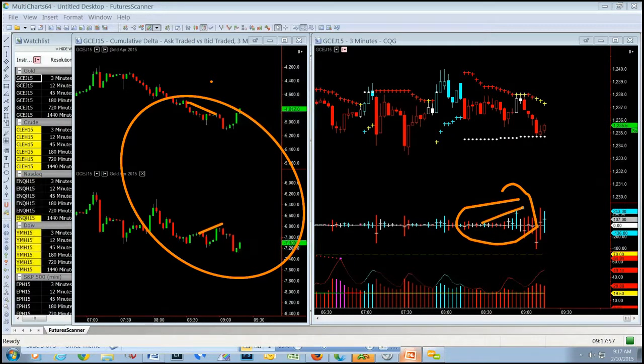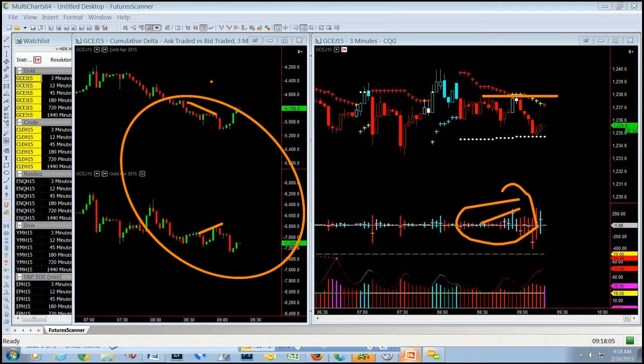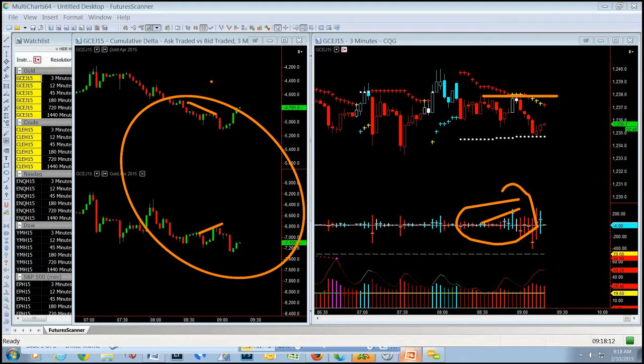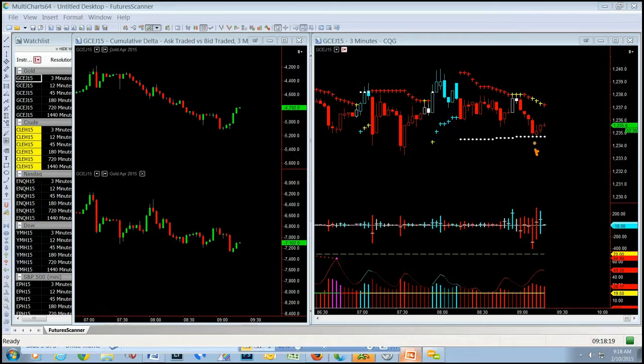So even though this said, okay, they're going up, the price itself said, no, they're not. Now, watch this. You just made this low right here, right? What's happening on the delta? Do you see this? The market orders are buying.